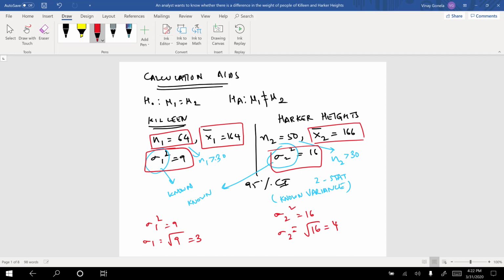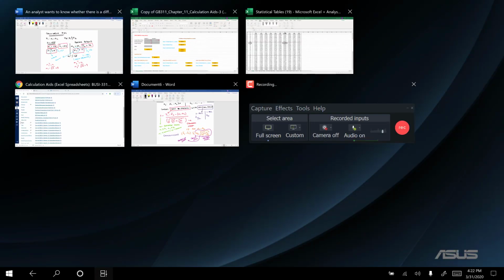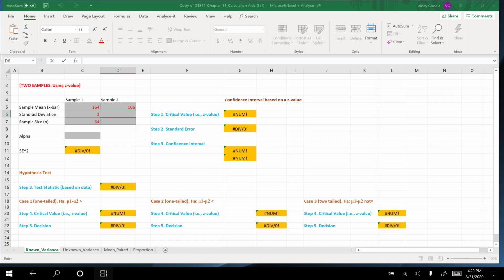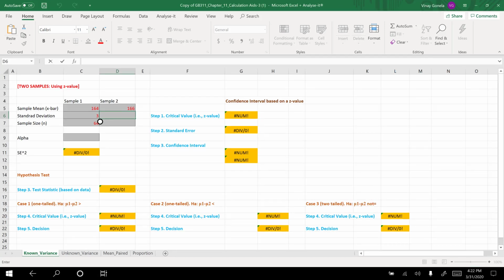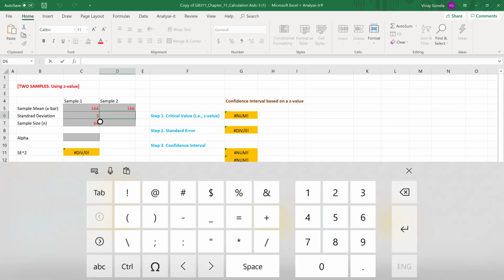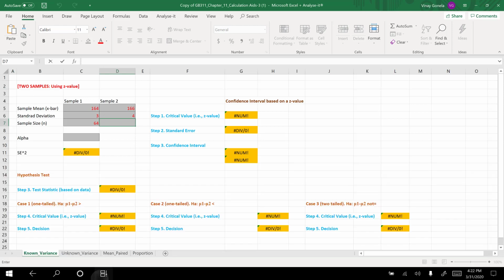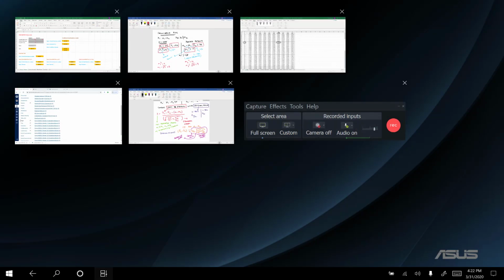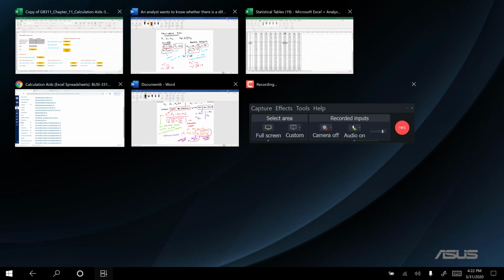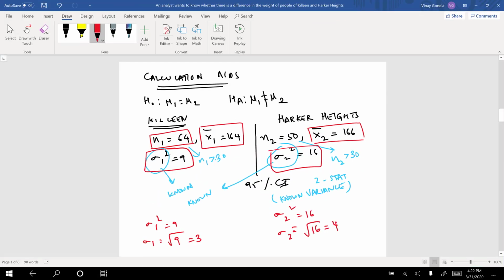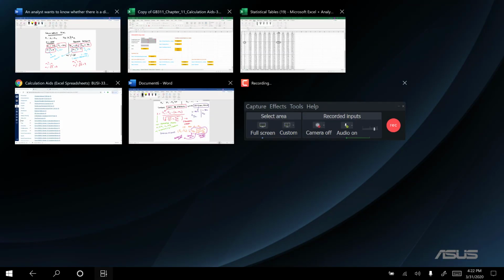So you will key in 4, and then sample size is 50, so I will do 50 here.